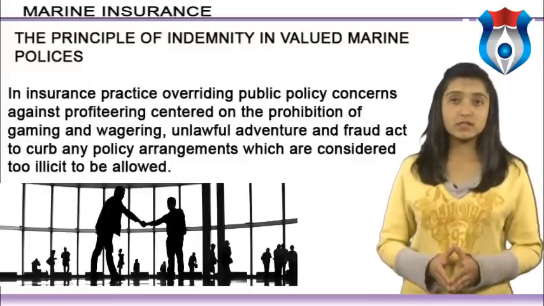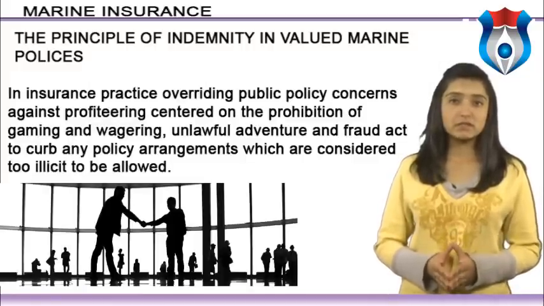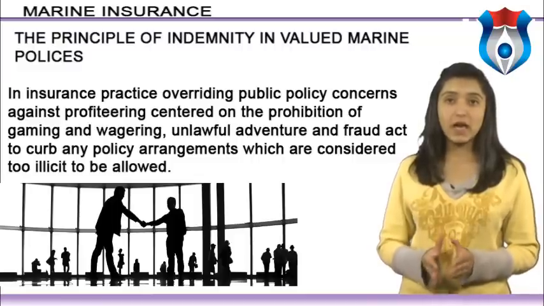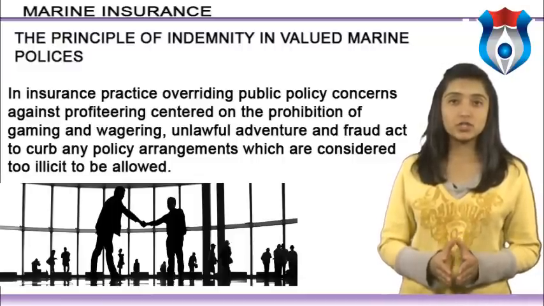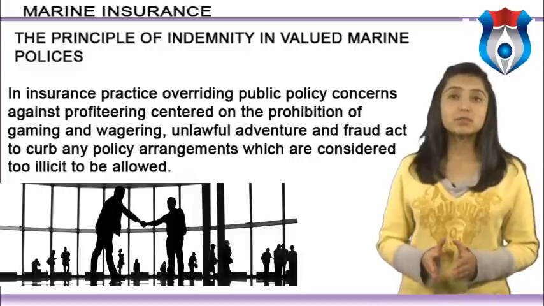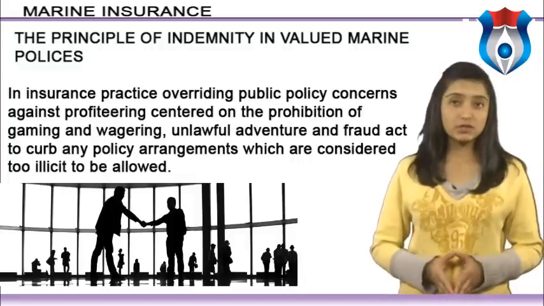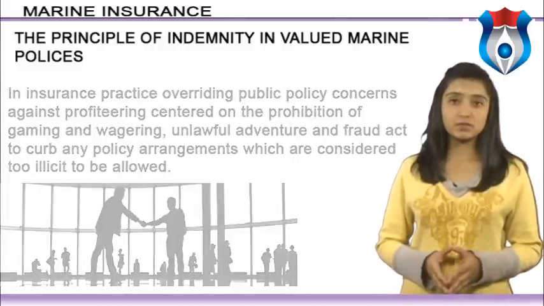In insurance practice, overriding public policy concerns against profiteering centered on the prohibition of gaming and wagering, unlawful adventure and fraud, to curb any policy arrangements which are considered too illicit to be allowed.